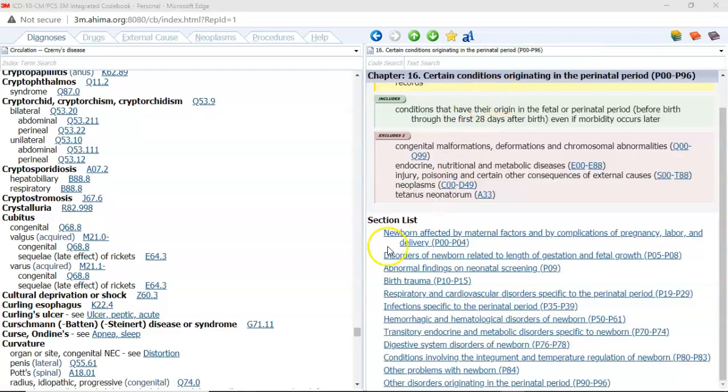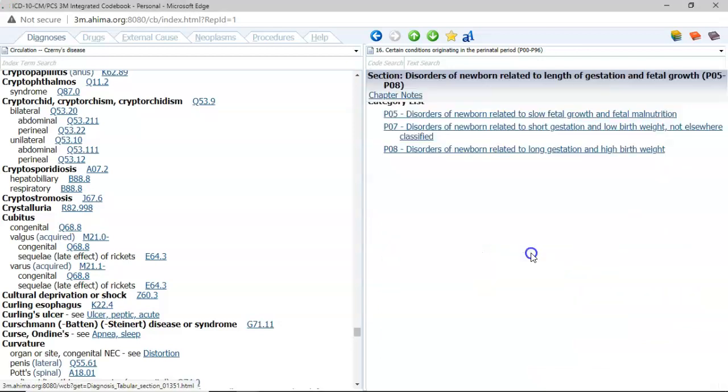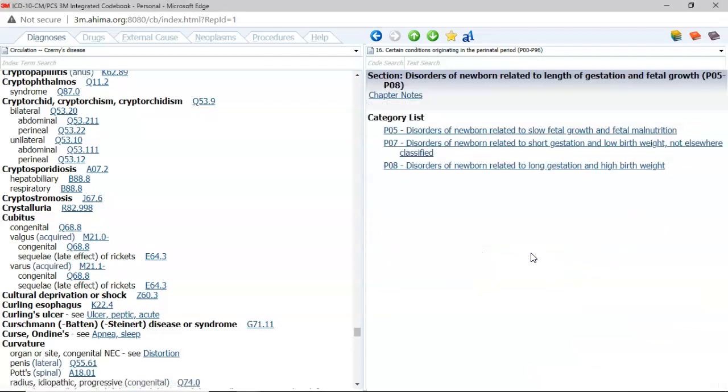Now, our next guideline comes from this section, disorders of newborn related to length of gestation and fetal growth. And when we go to this category list, we have 3 categories. P05, this is a disorder of slow fetal growth and fetal malnutrition. P07, short gestation and low birth weight.